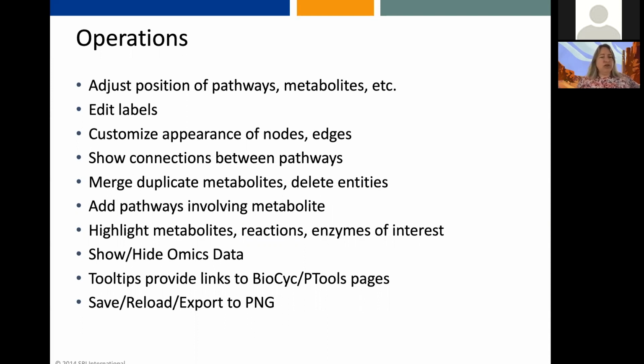You can merge duplicate sections of the pathway or delete parts of it. You can add additional pathways that involve a particular metabolite. You can highlight different things of interest. You can show or hide omics data. And these are all live diagrams, so they have links to the BioCyc pages. And you can save or reload or export to PNG.